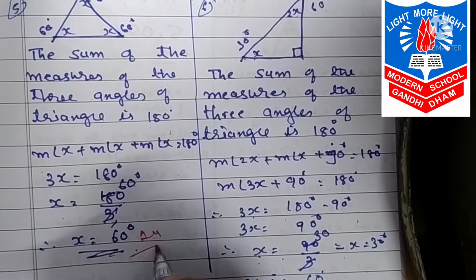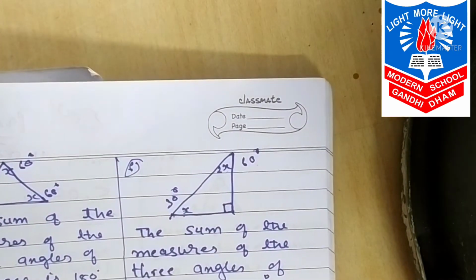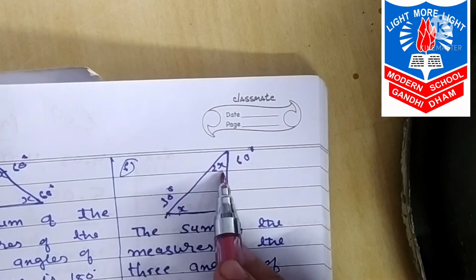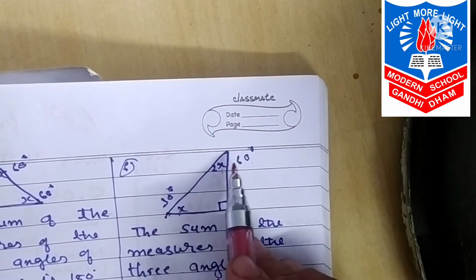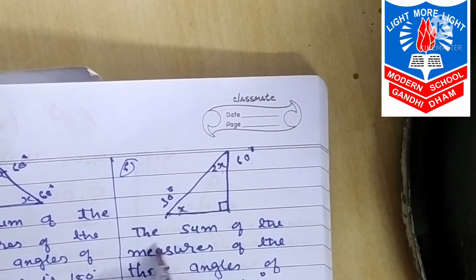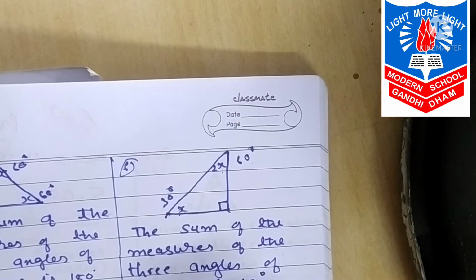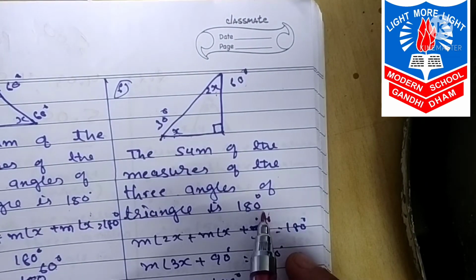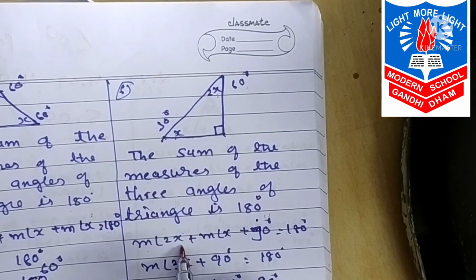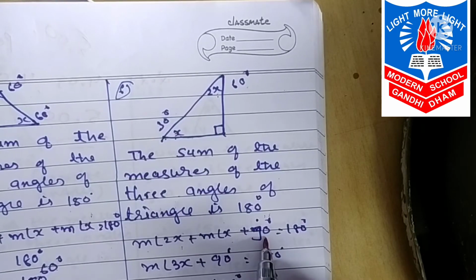That is our answer. Then here x and here is 2x. It's given. So first we write the statement, the sum of the measure of the three angles of a triangle is 180. Therefore, measure 2x plus x plus 90.